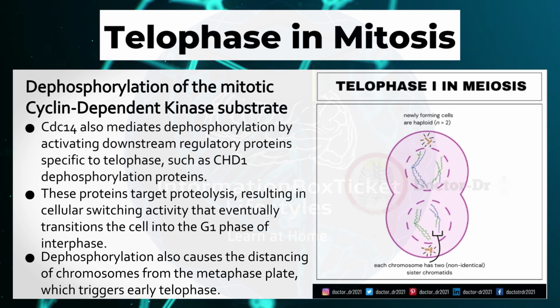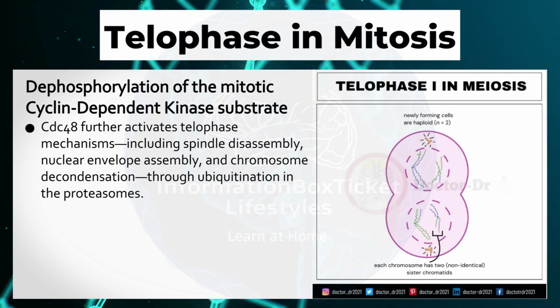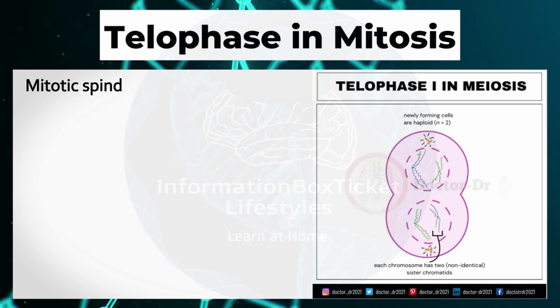Dephosphorylation also causes the distancing of chromosomes from the metaphase plate, which triggers early telophase. Cell division cycle 48 further activates telophase mechanisms, including spindle disassembly, nuclear envelope assembly, and chromosome decondensation through ubiquitination in the proteasomes.